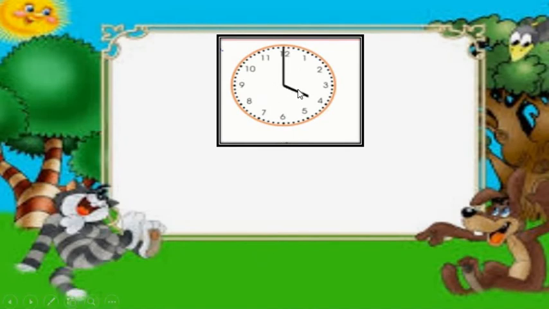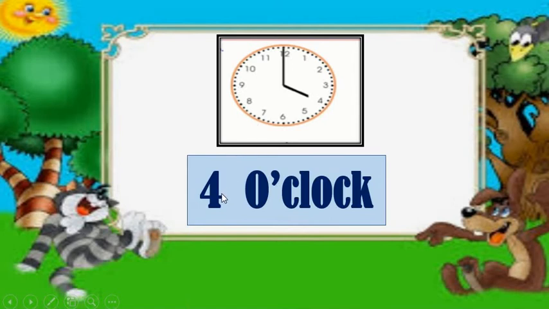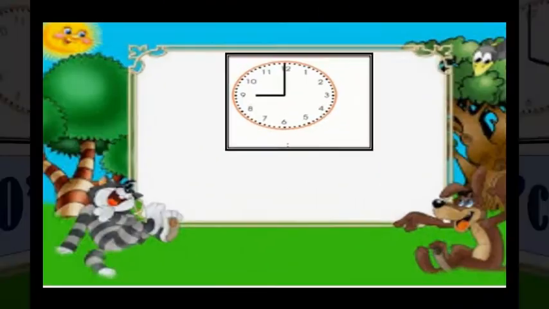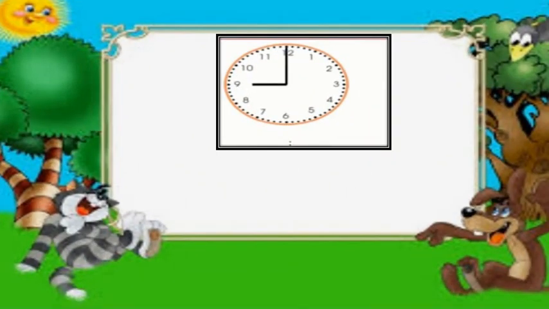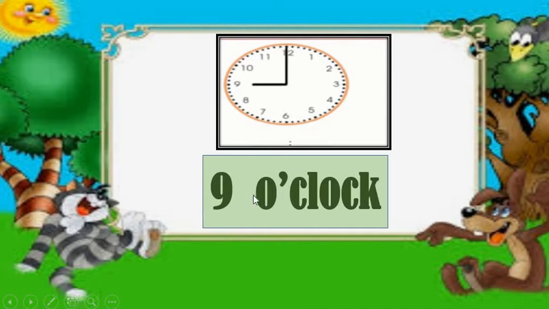The short hand is at 4. Long hand is at 12. The time is 4 o'clock. The short hand is at 9. Long hand is at 12, which means it is 9 o'clock.